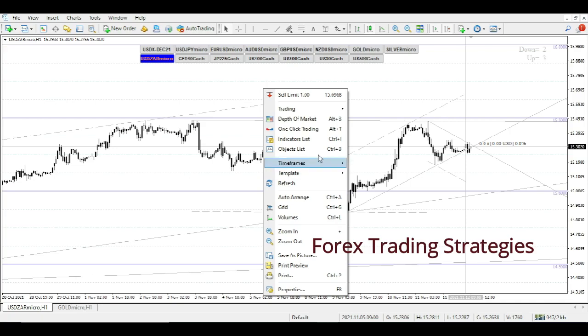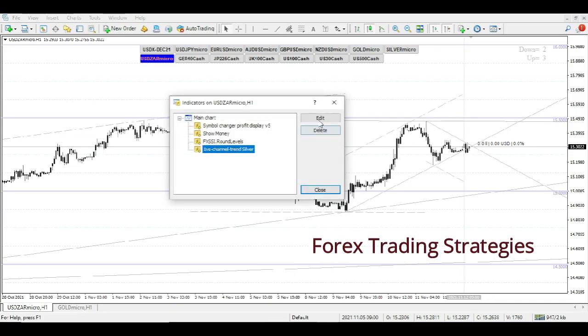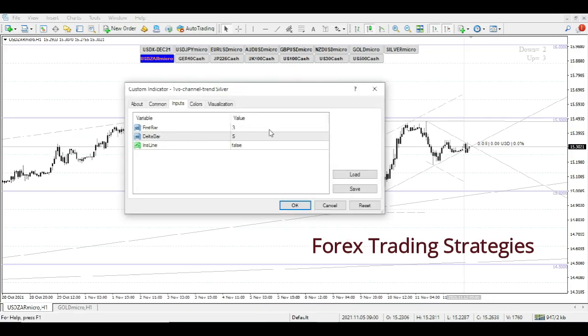But what I was going to talk about was the settings. With the first part, you see this line is where you want the channels to start plotting from. That's the first part. It's set at 3 because it's 3 candles behind.